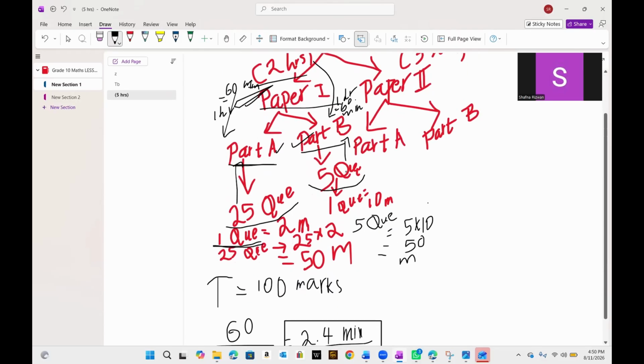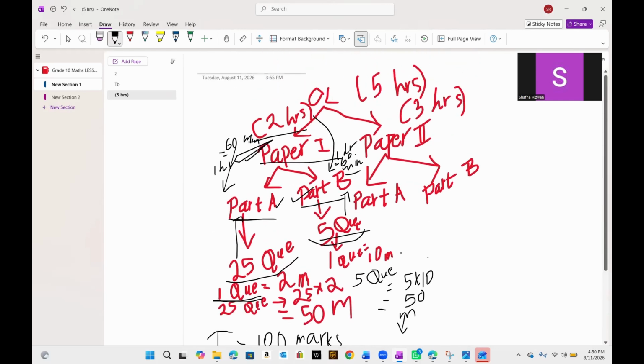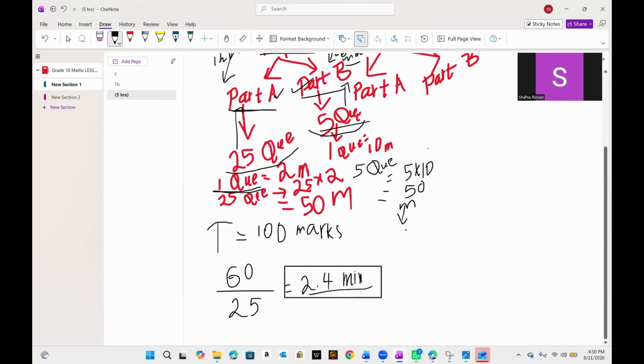Now go to part B. Part B also gives you around 60 minutes. So when they give you around 60 minutes, you have to see how many questions you have. 5 questions. You have 60 minutes, 1 hour, and you have to complete 5 questions. For one question, how many minutes should you take? Take 60 and divide by 5.